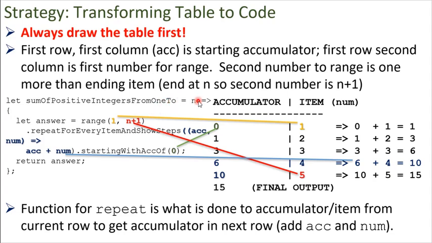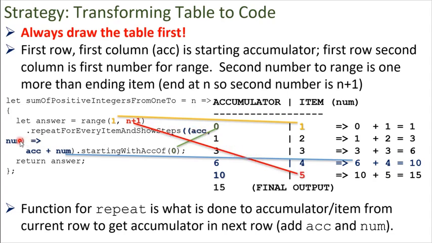I'm not always going to be adding up 1 through 5. So in general, if I gave you, for instance, 10, you would want to do range 1 to 11, right? If I gave you 20, you would want to do range 1 to 21. So the pattern here is just to take the ending number I give you, and add 1 to it, right? So that would give you your ending number to range.